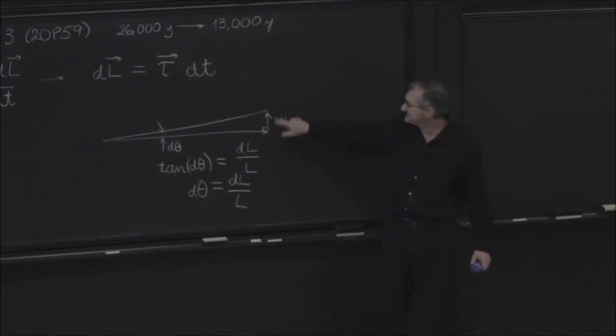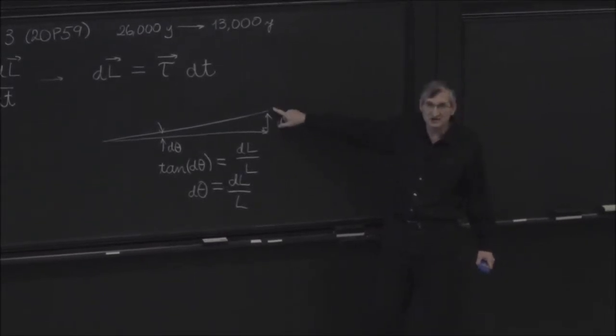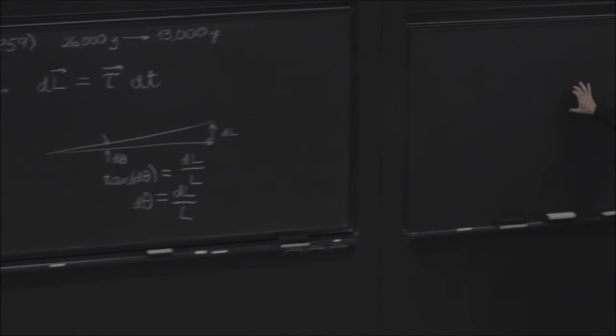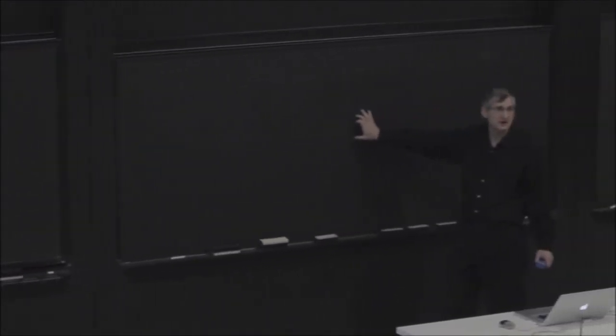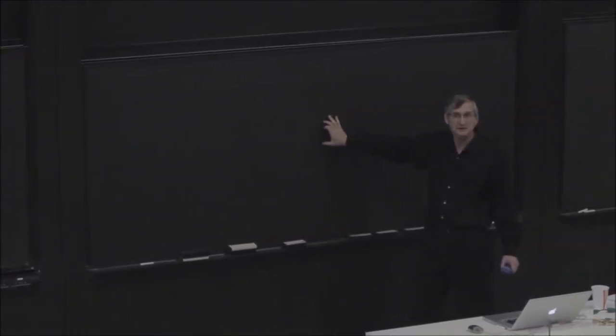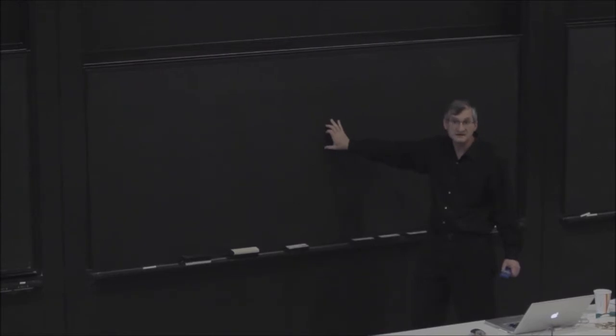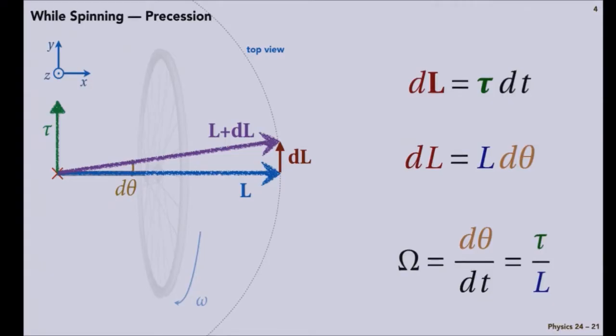So for the same amount of change, imagine if I put the same amount of change way out here, that's going to correspond to a smaller angle. So the rate is going to go down. So the larger the value of angular momentum of the spin, the slower the precession rate.